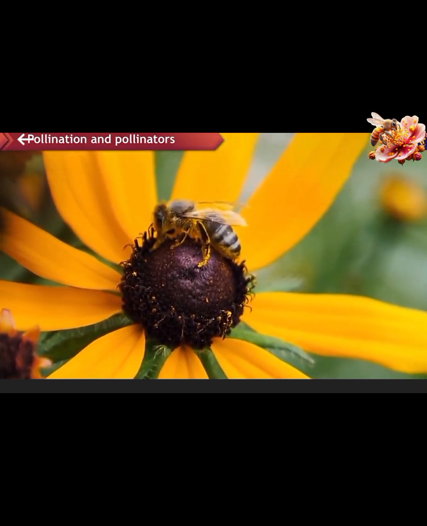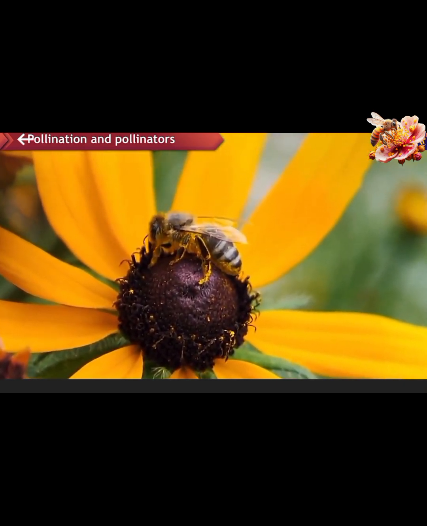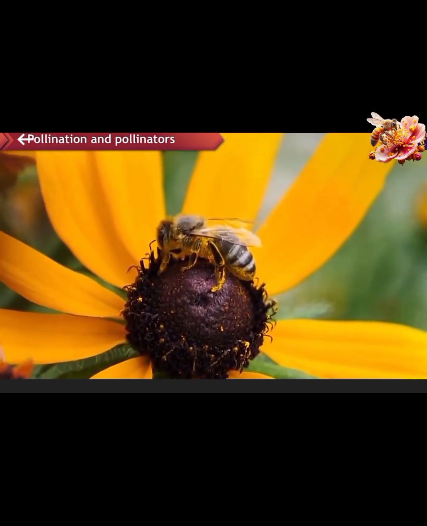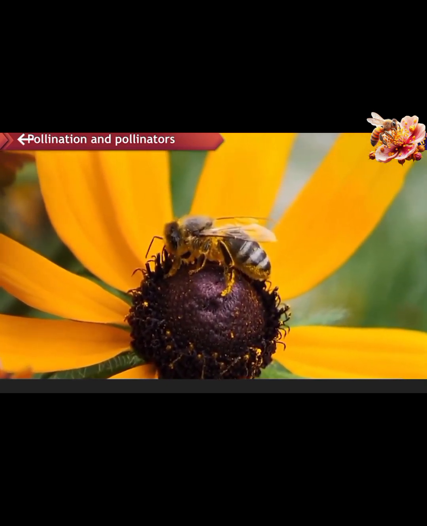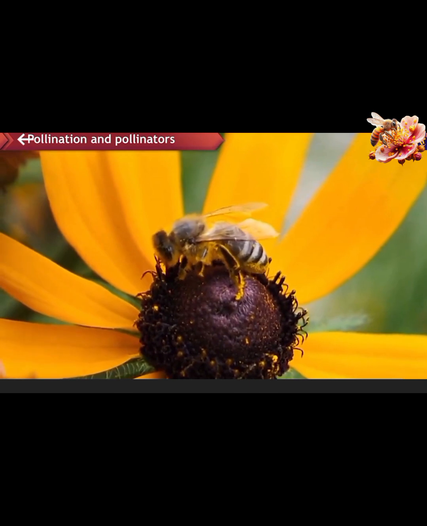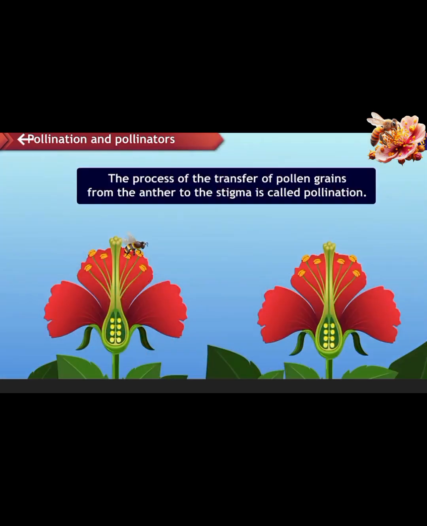When these animals visit another flower, the pollen grains are transferred to the stigma of that flower. This process of transfer of pollen grains from the anther to the stigma is called pollination.